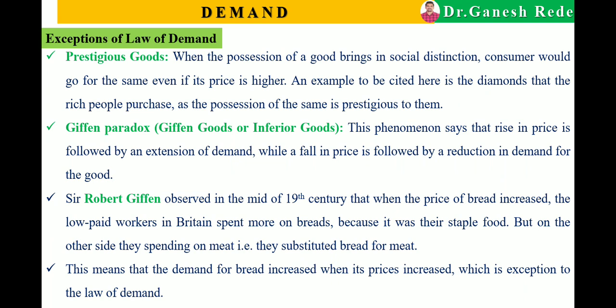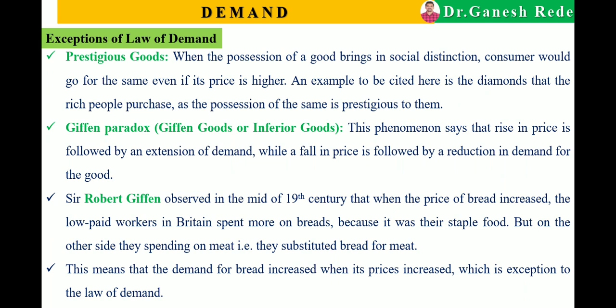This phenomenon says that a rise in price is followed by an extension of demand, meaning an increase in demand, while a fall in price is followed by a reduction in demand for the good. There are certain goods where, as the price increases, demand also increases, and as the price decreases, demand also decreases.